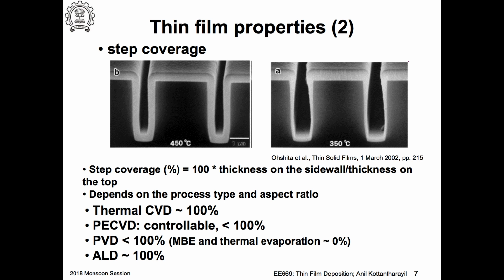This is silicon, the dark region is silicon, and you have etched a trench into it, and then a film is deposited. The film is deposited at the top, covers the side walls, bottom, and then goes up. Now this is the same film deposited at 350 degrees centigrade.